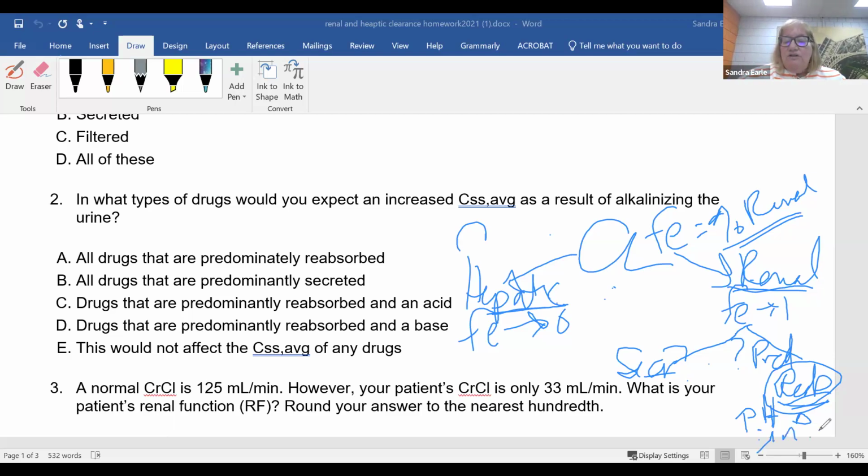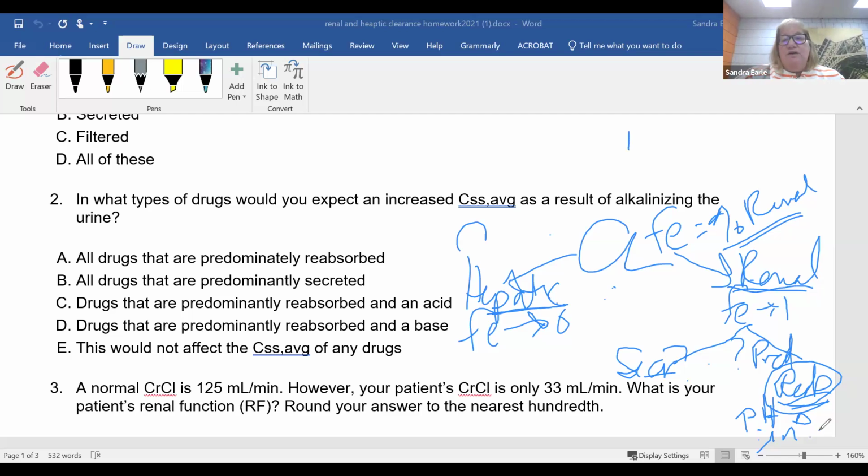If we're looking at a drug that's predominantly secreted, then we're looking for an interaction with another drug that's cleared by the kidneys and predominantly secreted. And remember, only acids compete with acids and only bases compete with bases. So if we have a drug that's predominantly secreted that's a base, you're looking for another drug that's predominantly secreted that's a base that would be competing. And then how would you tell who's going to win the ride with that active secretion carrier?